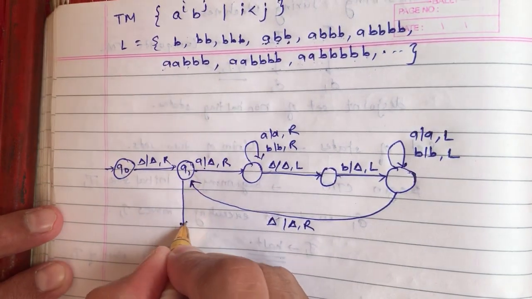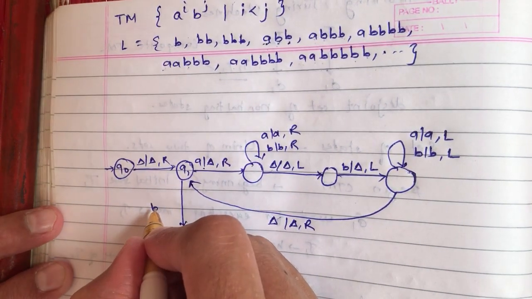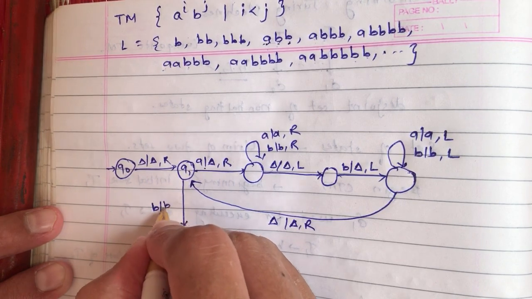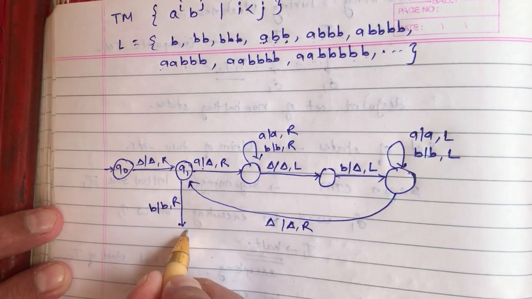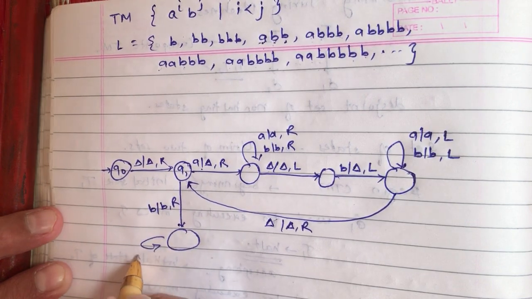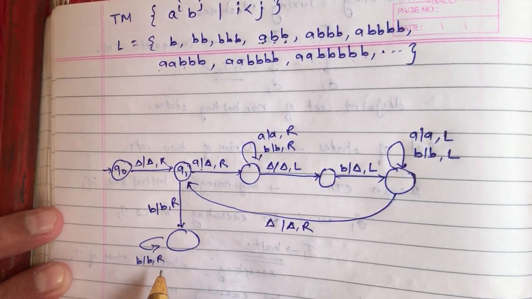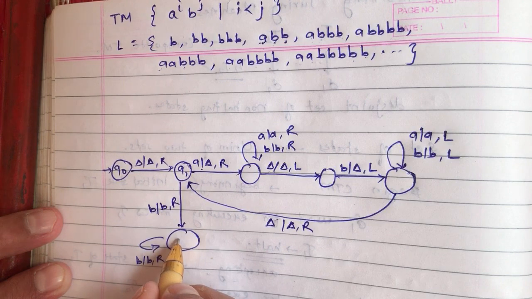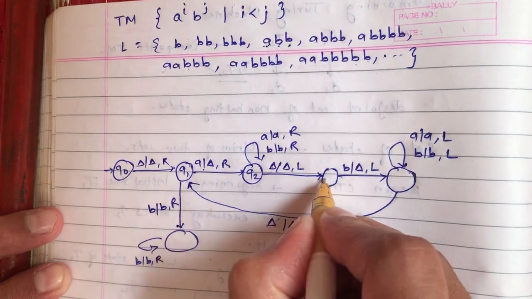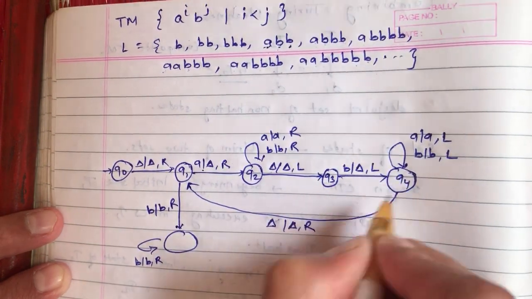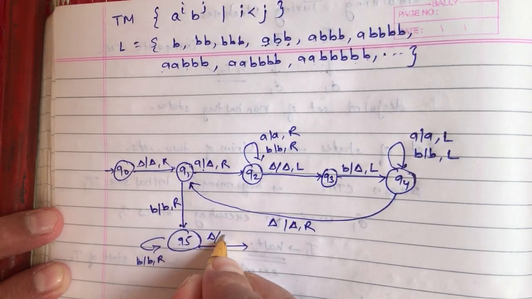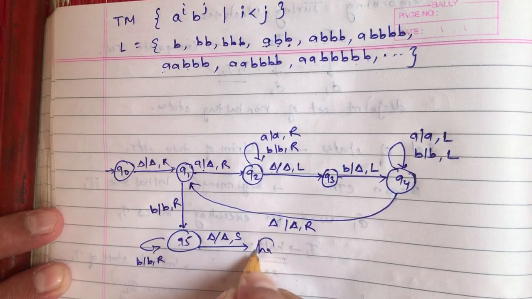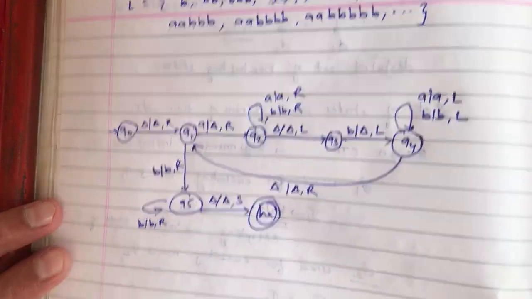So a minimum of one b will be coming over here, and this b I'll keep as it is and I'll move to right. I may have more b's also which are to be processed, so we can process them here and move to right until we find a blank. The moment we find a blank, we can enter into the accepting state, that is HA.